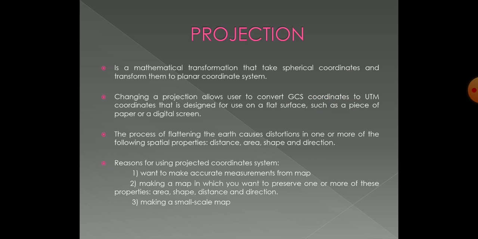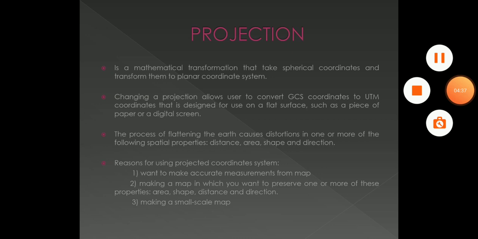For example, you convert the GCS coordinate system, which has latitude and longitude, to a flat system, for example UTM, which has northern and southern hemispheres. The process of flattening the Earth causes distortions in one or more of the spatial properties: distance, area, shape, and also direction.